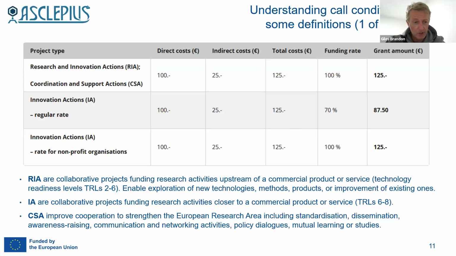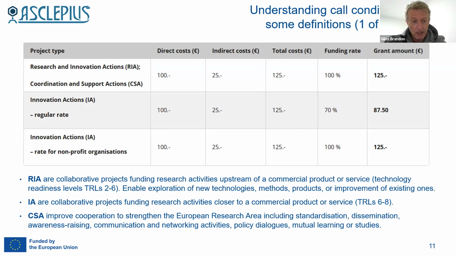In brackets, technology readiness levels, TRLs, 2 to 6. I'll explain what TRLs mean in the following slide. Anyway, these RIAs are all about enabling exploration of new technologies, methods, products, or improvement of existing ones.